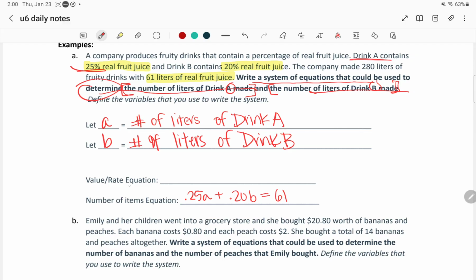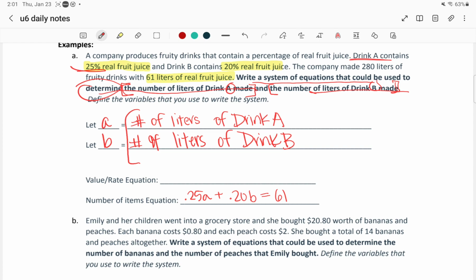Now, my value or rate equation, I know that A is the number of liters of drink A, and B is the number of liters of drink B. If I combine both of them, then I have 280. I have all the liters of all the fruity drinks.